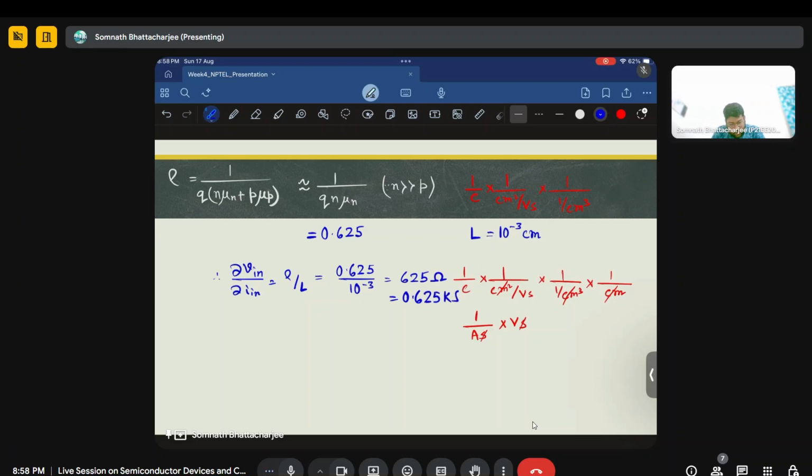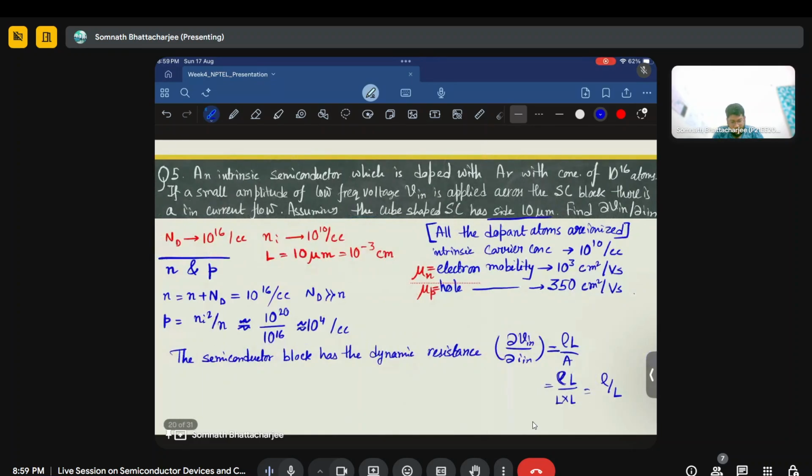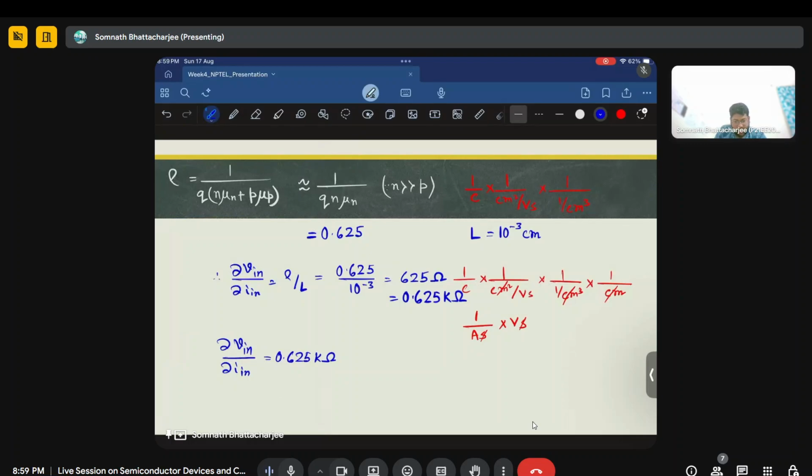We can write it down as 0.625 kilo ohms. So the value of del Vin by del Iin, that is the dynamic resistance, is 0.625 kilo ohms. Is it okay with everyone? Or do you have any queries? These red portions are for unit calculations, so you can omit that.